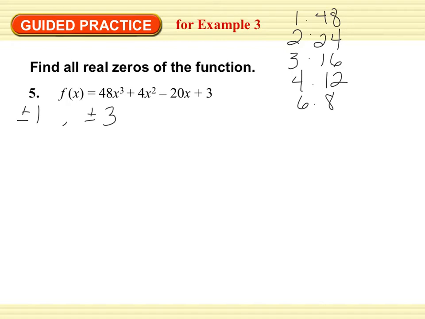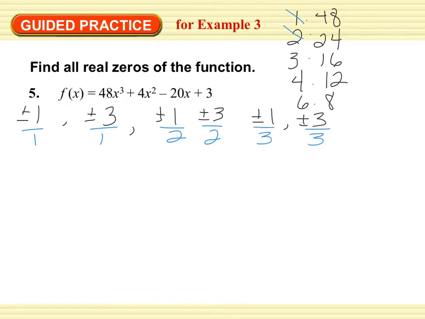So 1, right? Go again, plus or minus 1, plus or minus 3 over 2, plus or minus 1, plus or minus 3 over 3, which this one I can cancel out.